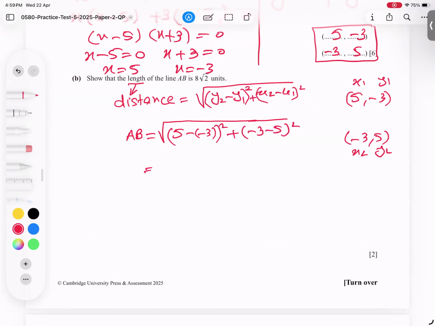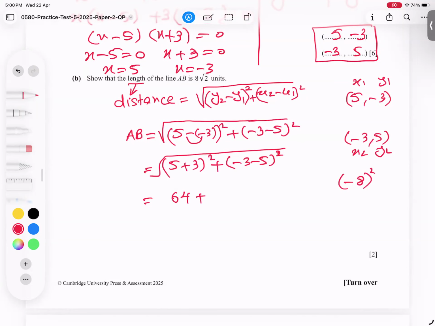Negative into negative gives positive, so I got 5 plus 3 whole square, and here negative 3 minus 5 whole square, with the root on top. Here I got 8, and 8 square is 64. And here I also got negative 8, and negative 8 square gives again positive 64. And 64 plus 64 gives us 128.